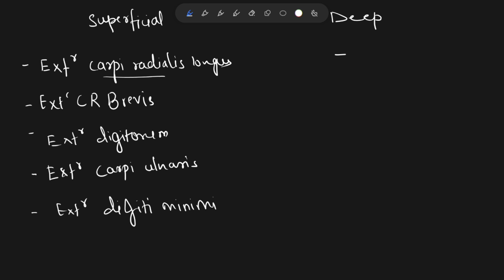Over here in the deep muscles, here we have the first finger, extensor indicis. We have done the little finger. We did all the digits. We have done the first finger. Now we also have abductor pollicis longus to the thumb.